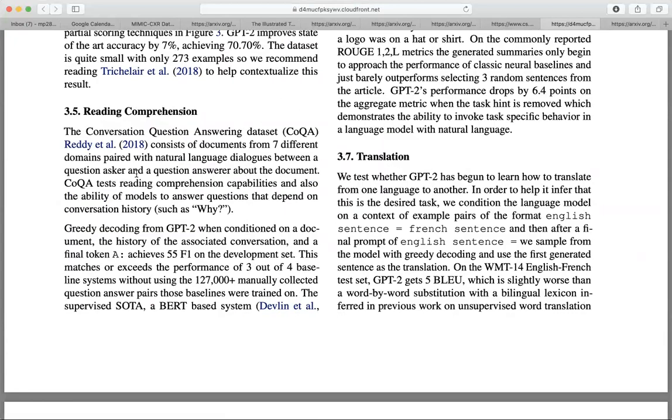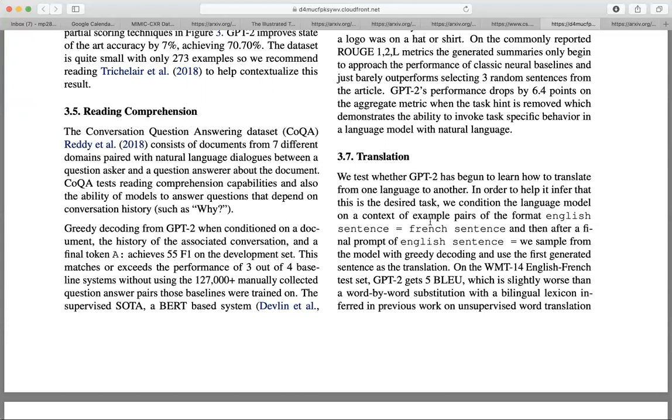So they even take the language model that they trained, the gigantic GPT-2, and try to make it perform English to French translation without even updating the parameters of GPT-2. How they do it is, they take the pre-trained language model and then they prime it.